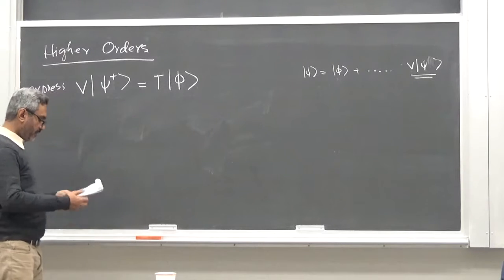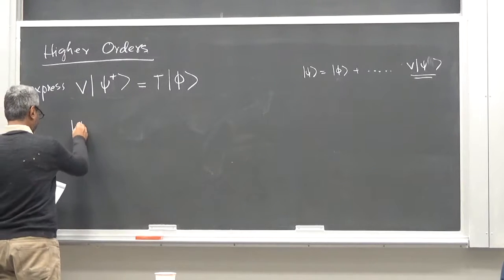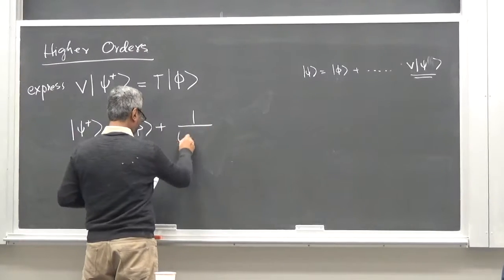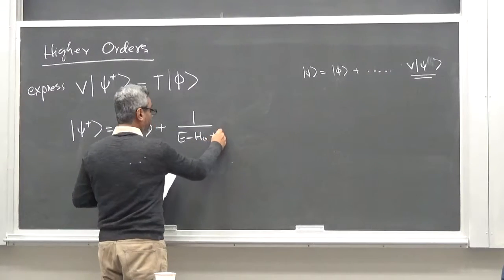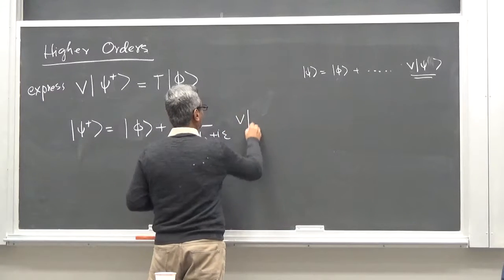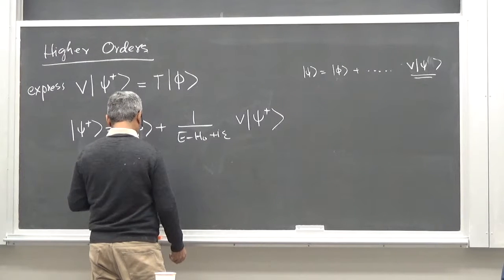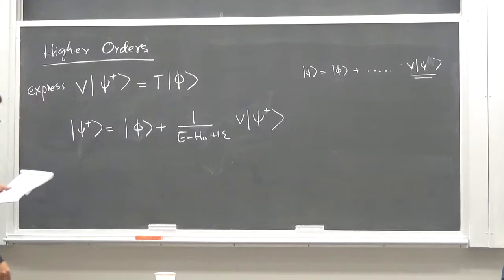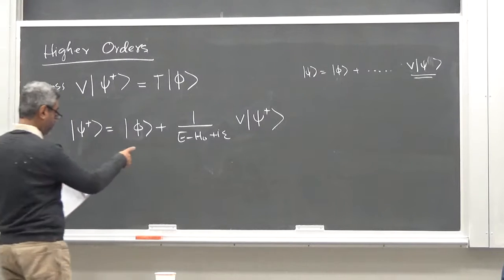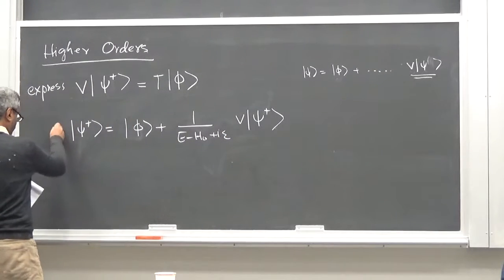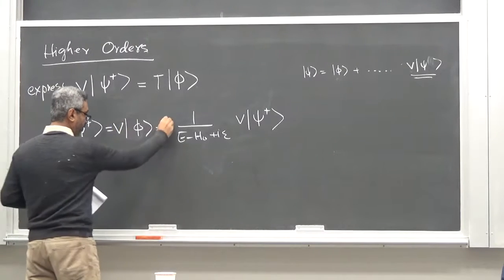So if you use this, then you can write psi plus equal to phi plus 1 over E minus H naught plus iota epsilon V of psi plus, right? Yes, so this is the equation that we want to solve, and it is this part that is making trouble. So let's put V here.